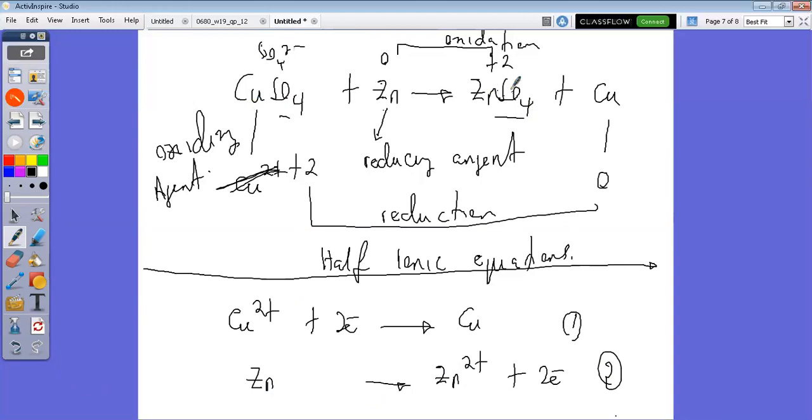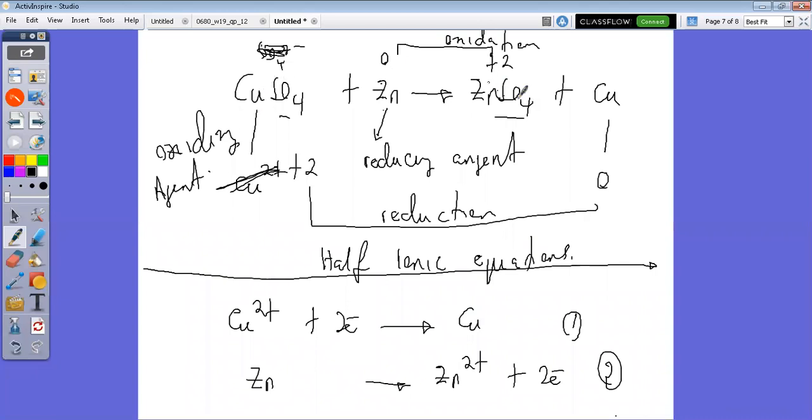Mr. K, may you please just repeat how you did that copper half ionic equation. Copper 2 plus from this was an ion. If it's 2 plus, it means this copper has lost 2 electrons to this sulfate. So it's copper 2 plus. It has 2 more protons than electrons. So it has to gain 2 electrons to form a copper metal again.